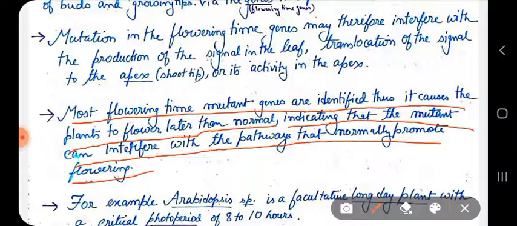So the flowering time genes and the flower development genes play an important role in growth and development of the flower at a particular time. If a mutation occurs in the flowering time genes, which provide that florigen or flowering hormone signal to the shoot tip, it will be delayed, and thus there will be a delay in the flower development.